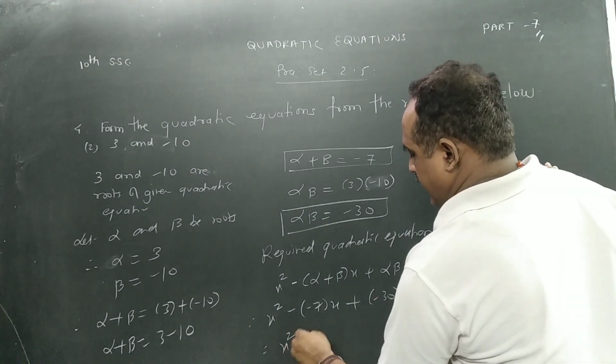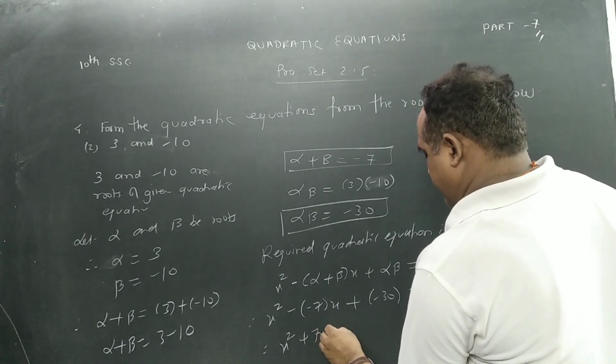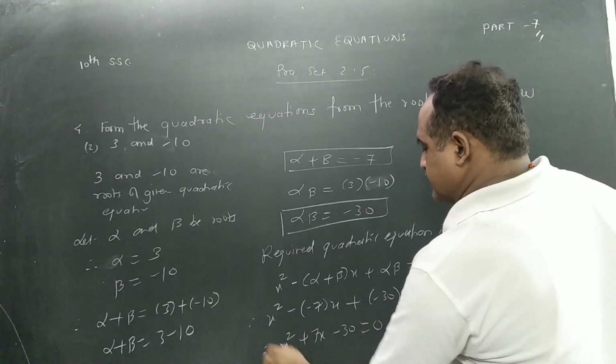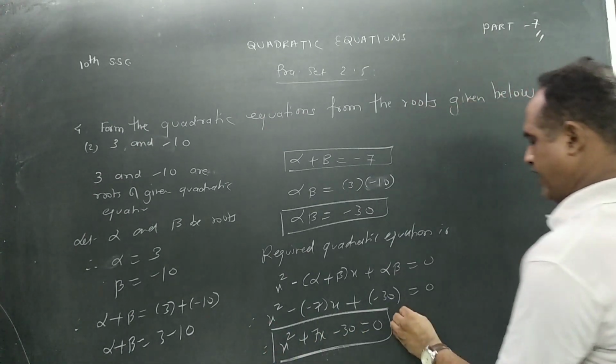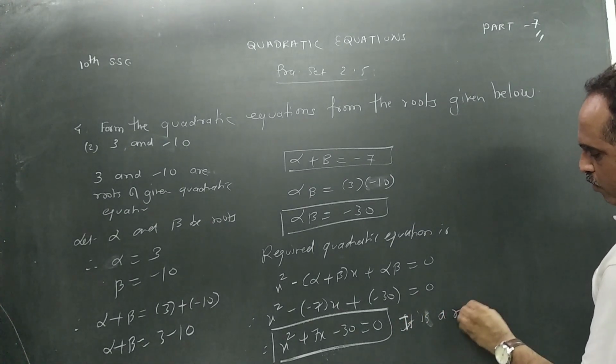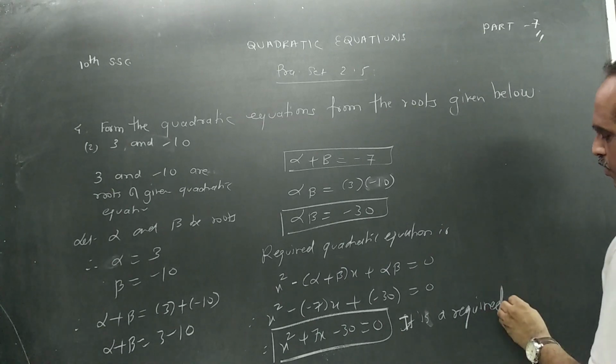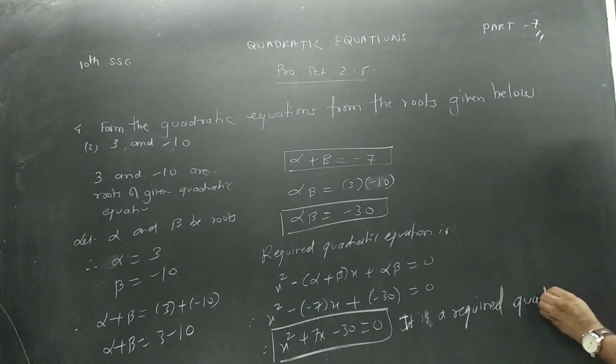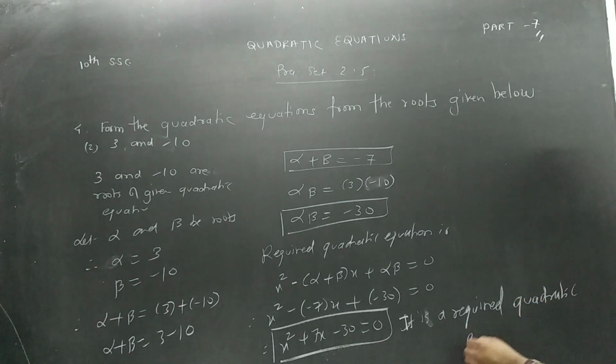We are getting the answer x square plus 7x minus 30 is equal to 0. It is a required quadratic equation.